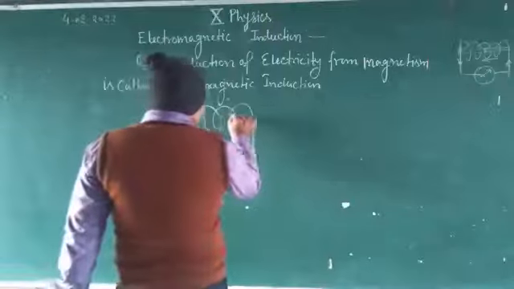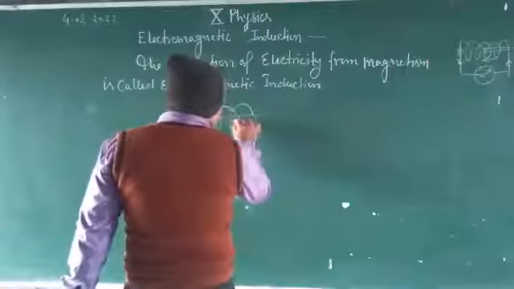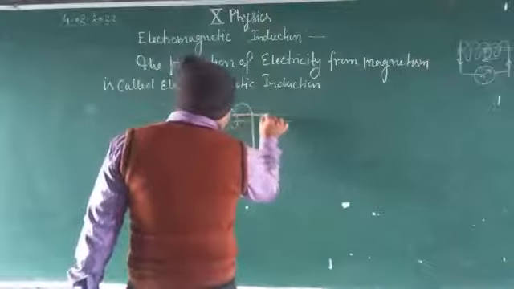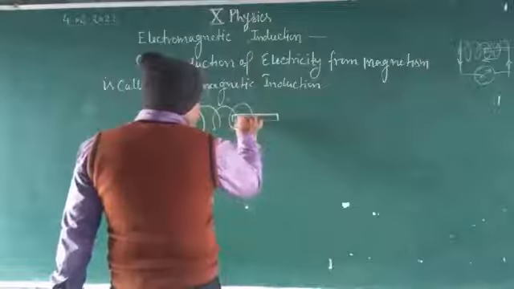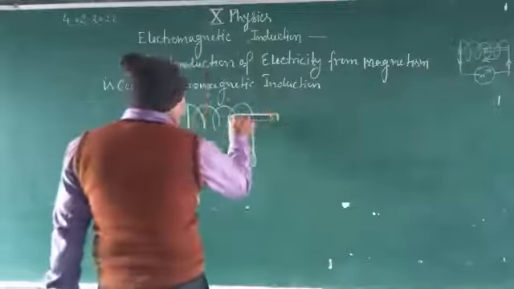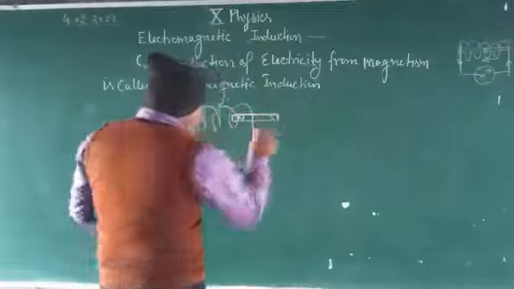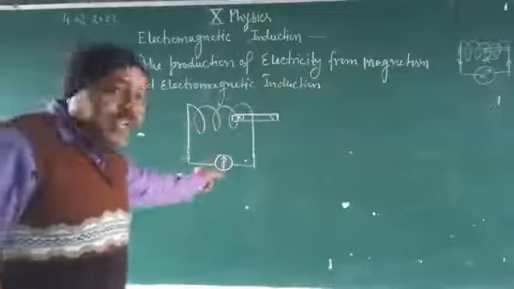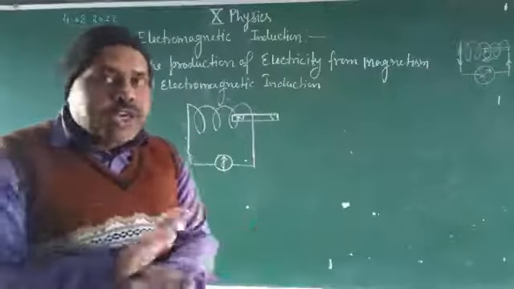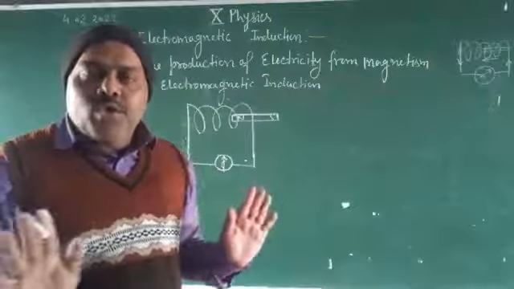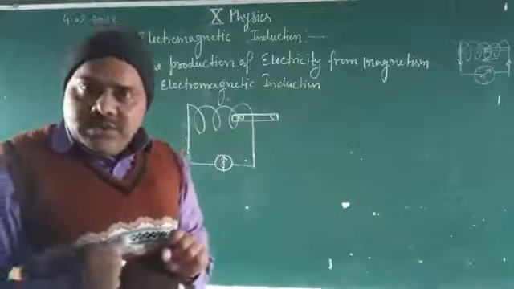First of all, when both the magnet and the coil are stationary, at rest, with N and S poles on the magnet, there is no deflection seen in the galvanometer. Then we can say that no induced current is produced.